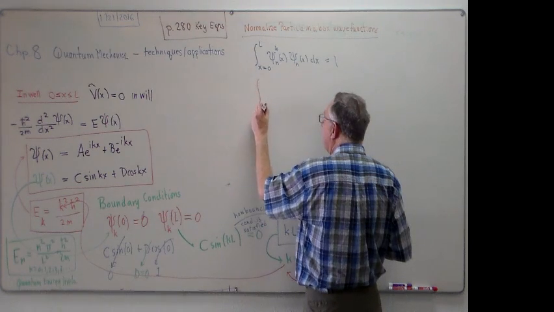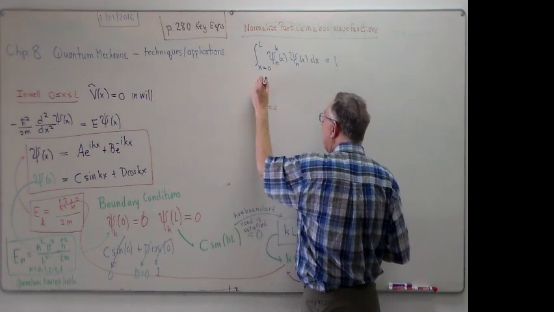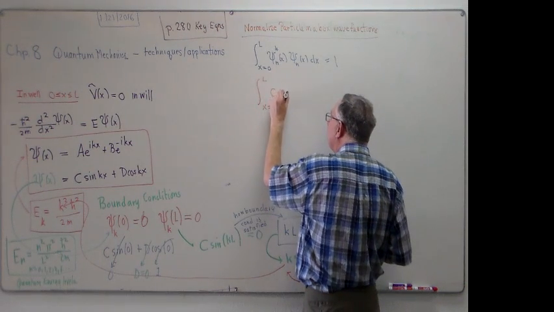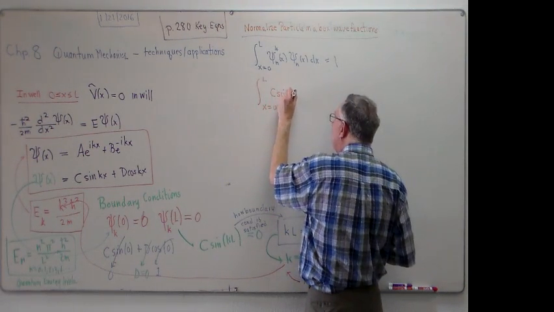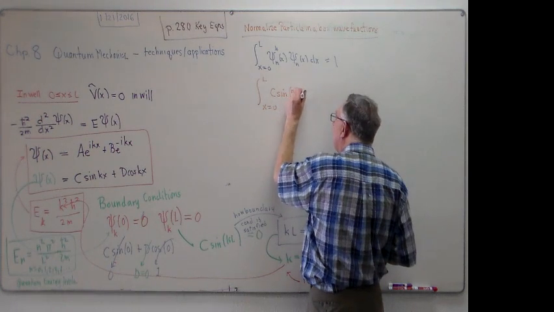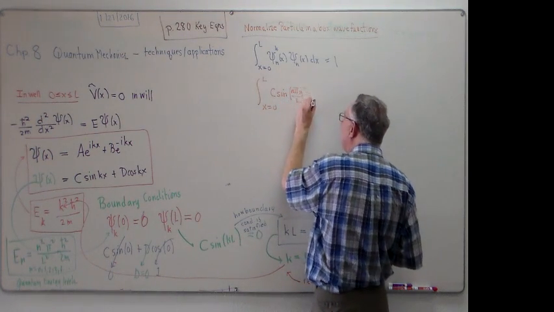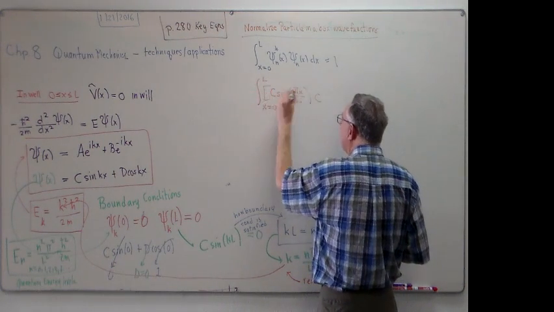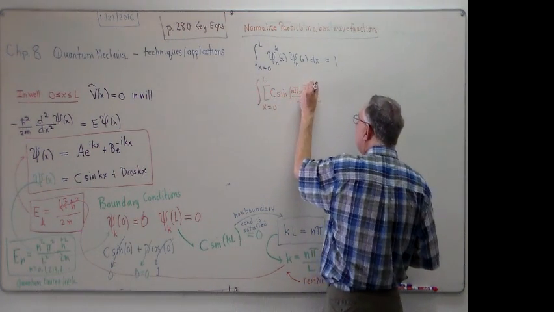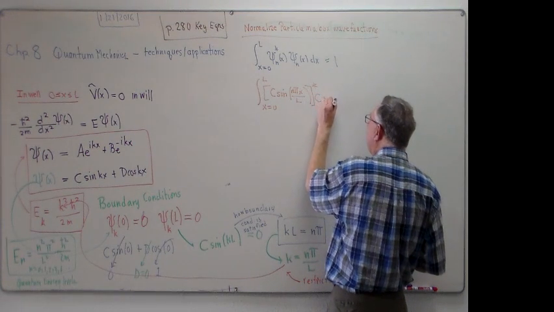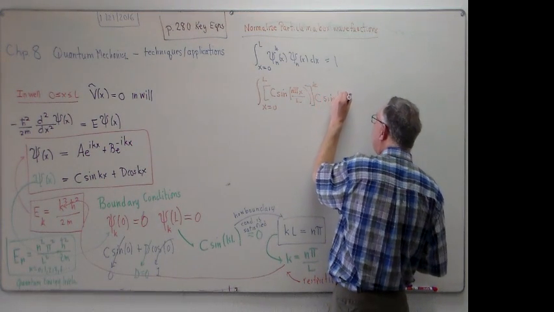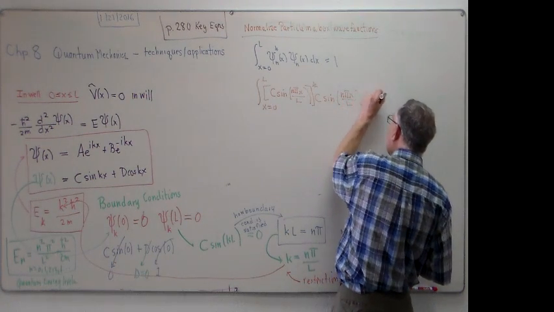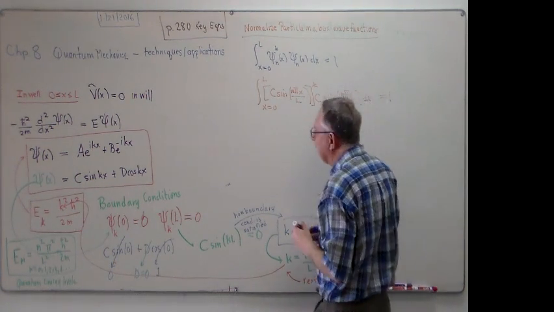So this is the integral from x equals 0 to L of c sine n pi x over L times c star, c sine n pi x over L once again, dx, all has to equal 1.